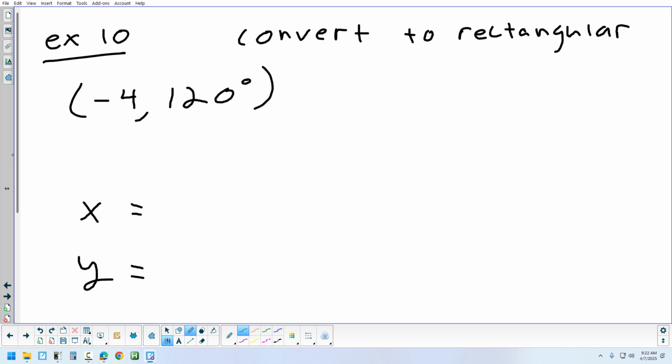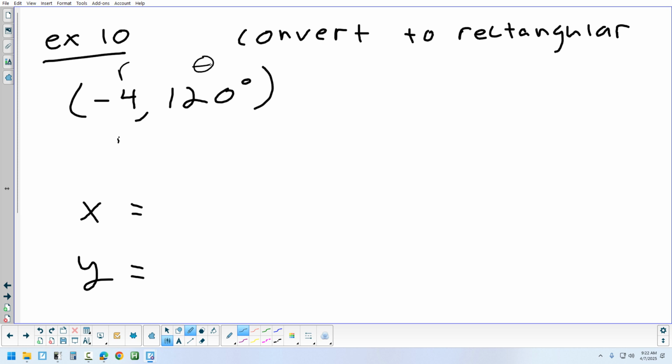All right, so convert to rectangular. Because they're telling me to convert to rectangular, that means this has to be polar. What do we call this first number in polar? R. Yep, that's my R. And what do we call the second number? Theta. And using the formula that we had on the previous page, what is the formula for x going to look like, filling in those numbers?